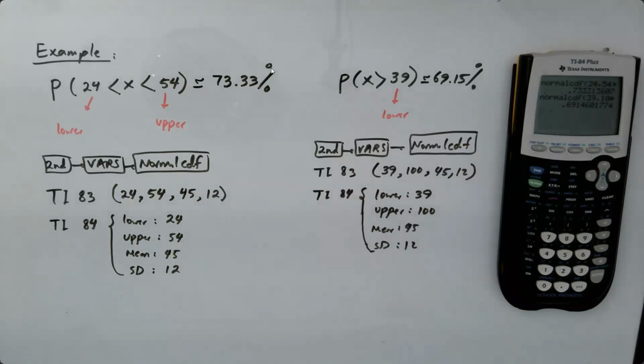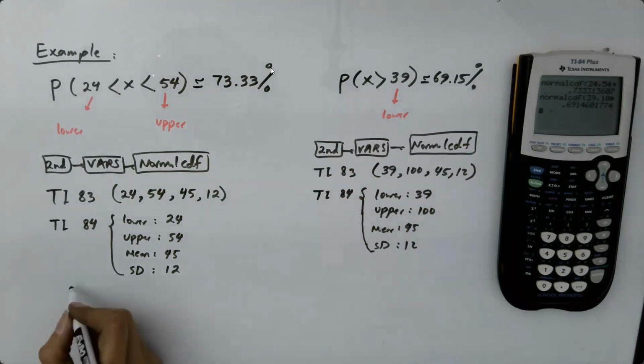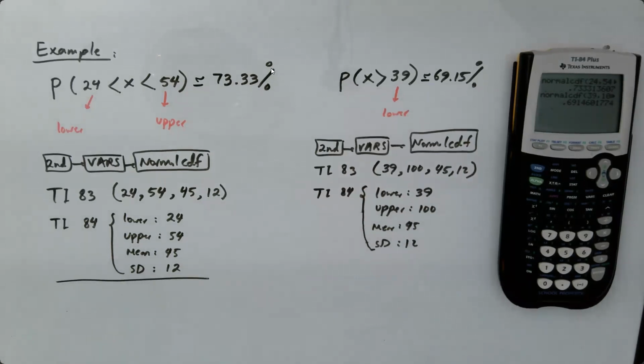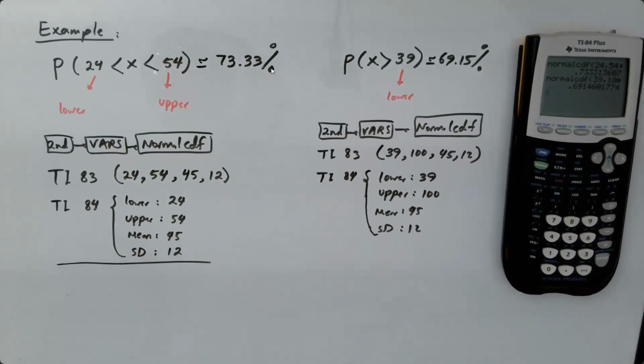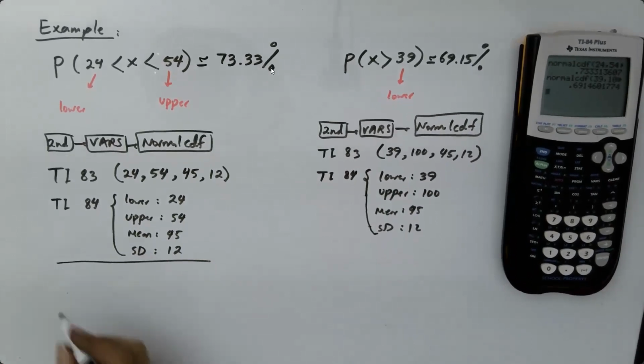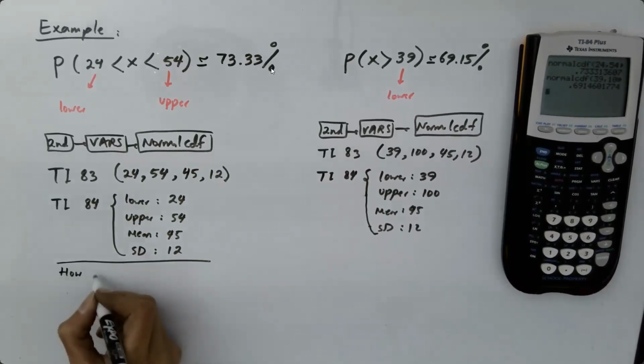So the second part of the question says, how many shoppers would you expect to be in the store? How many shoppers? Okay, I have the probability. Now I want to know how many shoppers. Well, there is a very simple calculation.